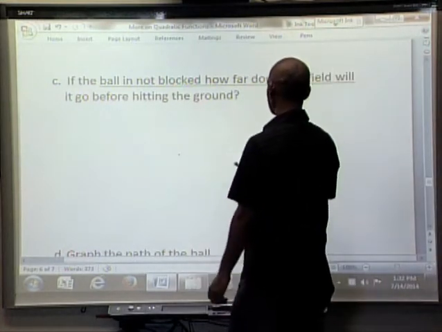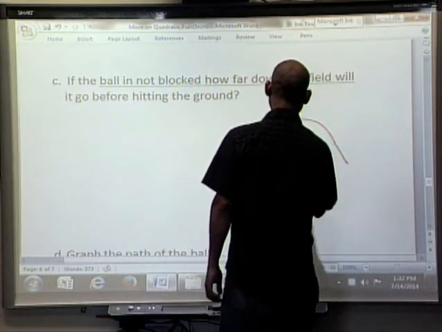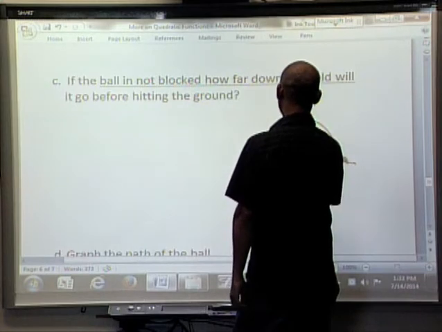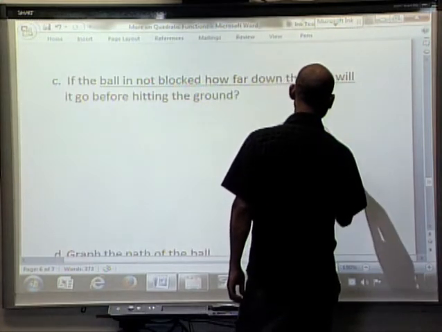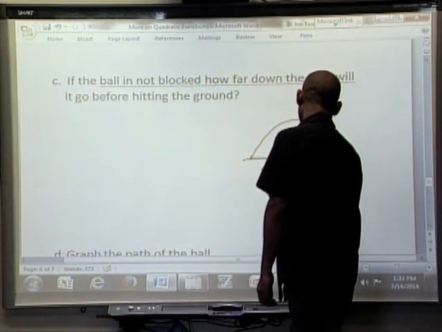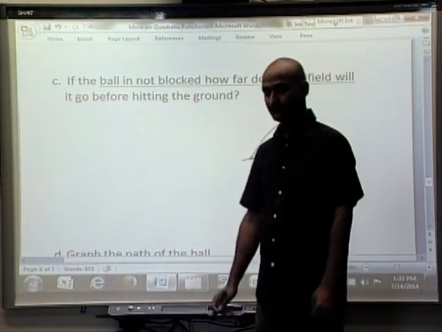So, the ball is kicked from this point, and it again hits the ground after some time. So, we need to know from this point how far it will go before hitting the ground. This is what we want to know.